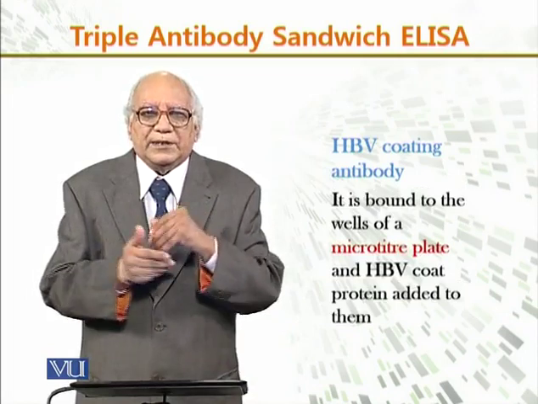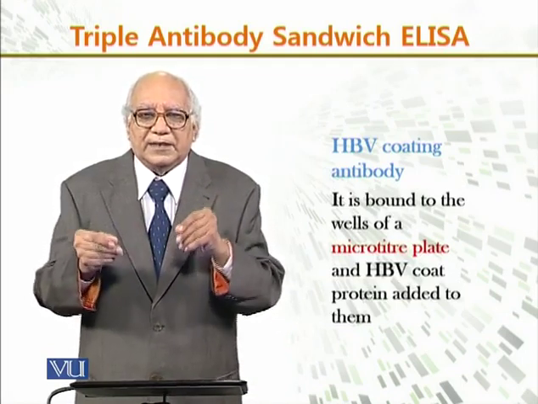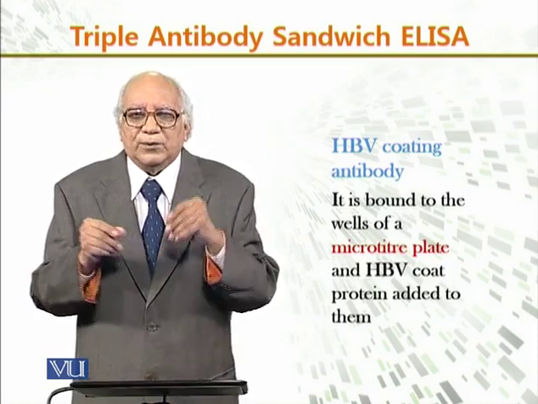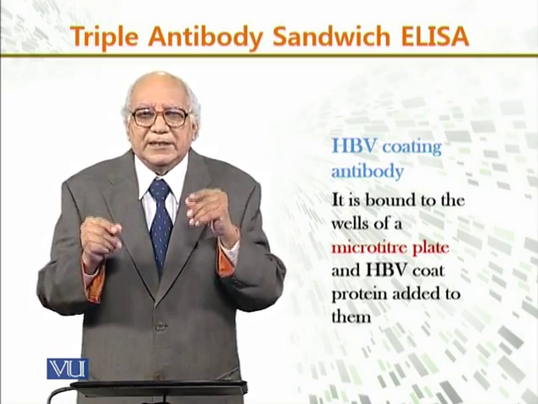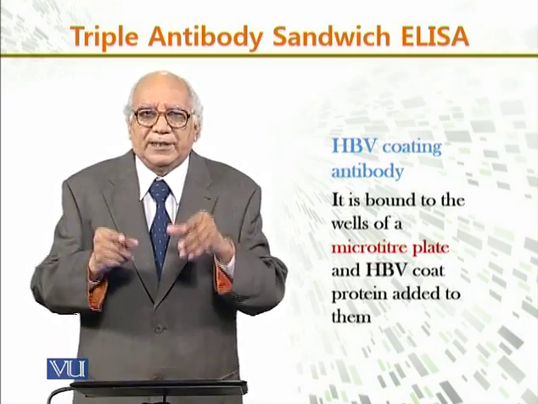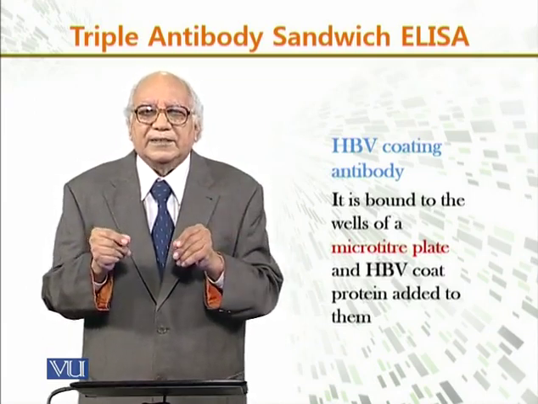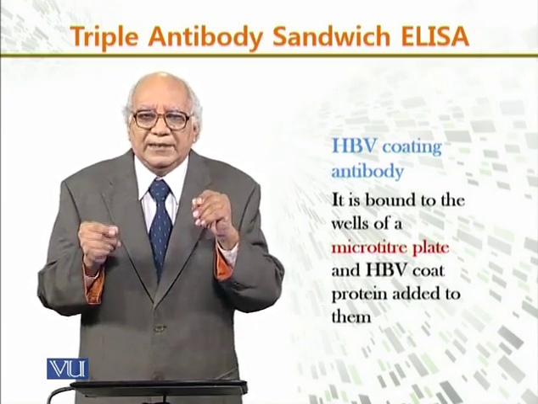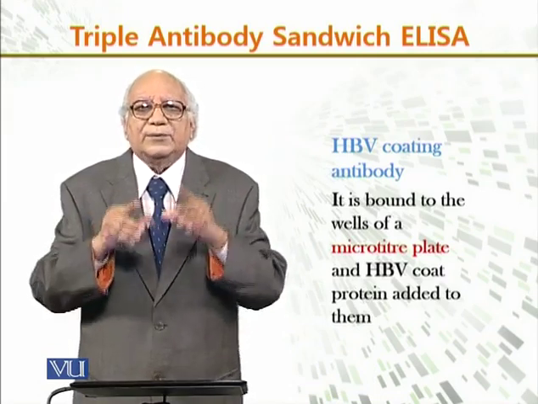HB coating antibody is bound to the wells of the microtitre plate. A microtitre plate is a plate used for ELISA determination. These are the small wells in the plate, and HBV coat proteins are added to them.